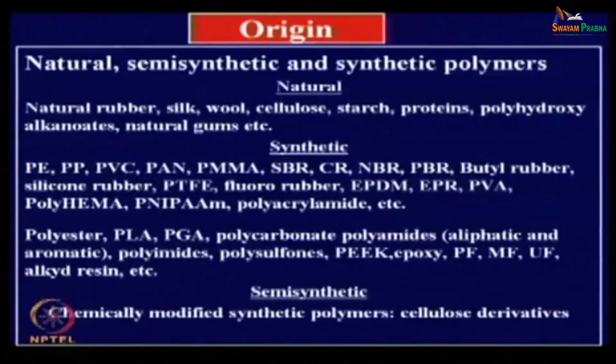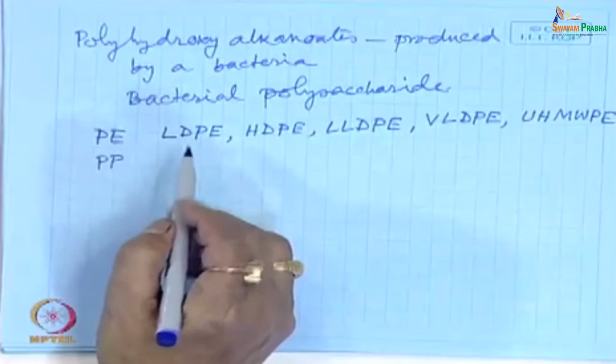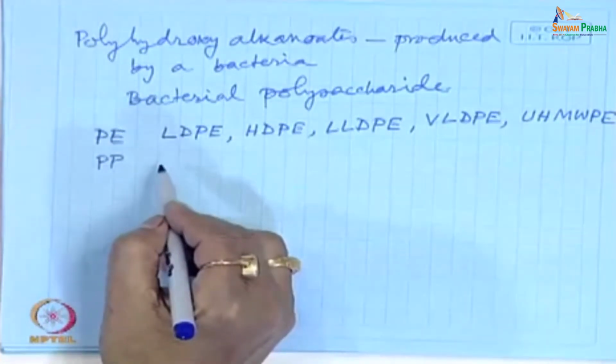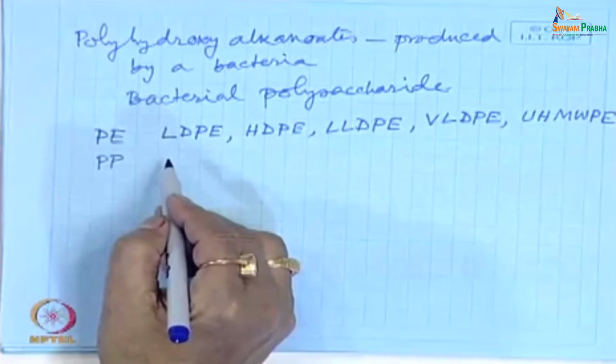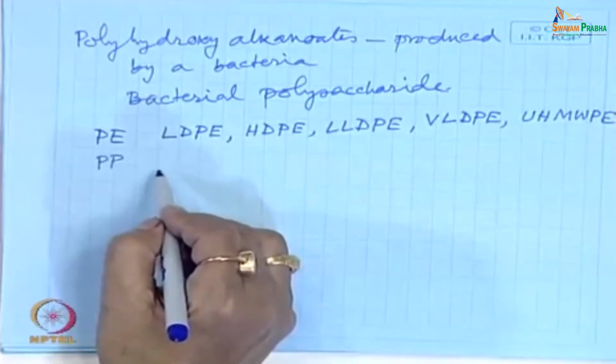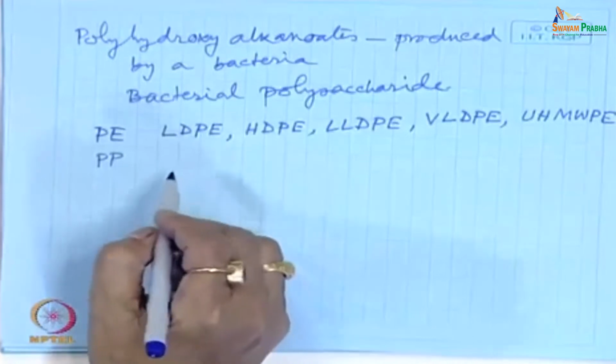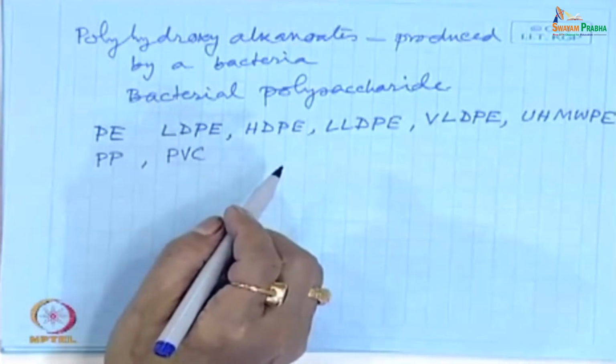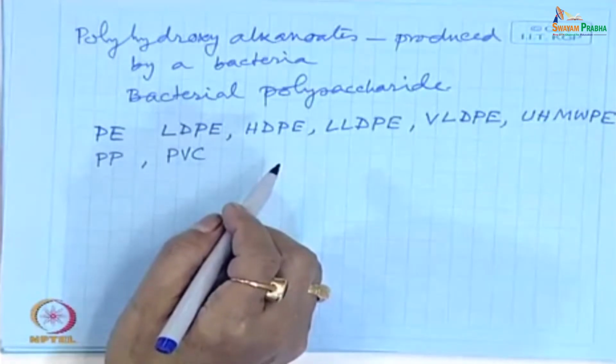There are various grades of polypropylene again. You will see in the next classification atactic polypropylene, isotactic polypropylene and syndiotactic polypropylene. So, this way you can get various grades of polypropylene. PVC, polyvinyl chloride, synthetic polymer, made from vinyl chloride monomer.